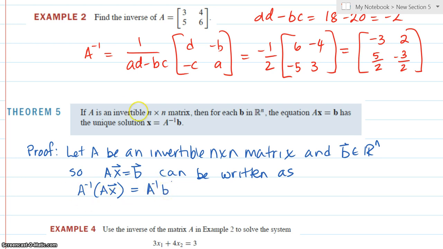And we know that it's invertible, so we know that A inverse times A, I could rewrite this as I. So there it is, it exists. If you look at the proof in the book, they show that it exists, they plugged it in, and they showed it's unique. So you can show that it's unique by picking another solution and getting that same result. So there it is.